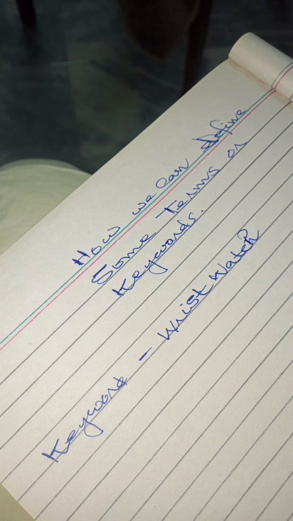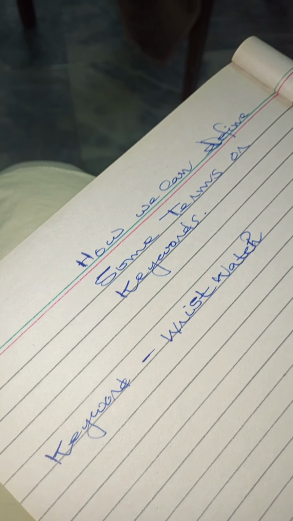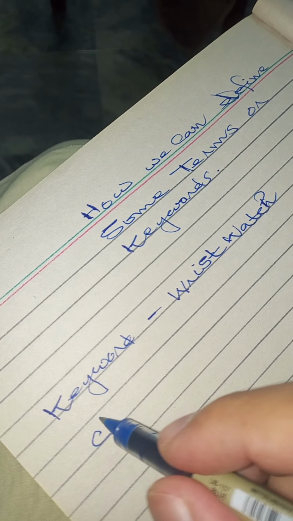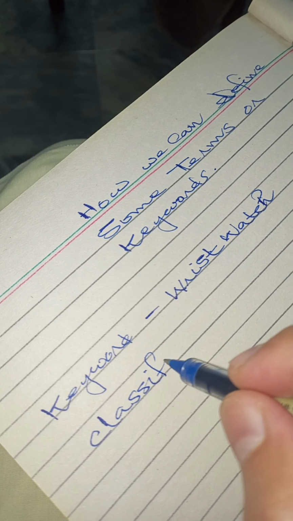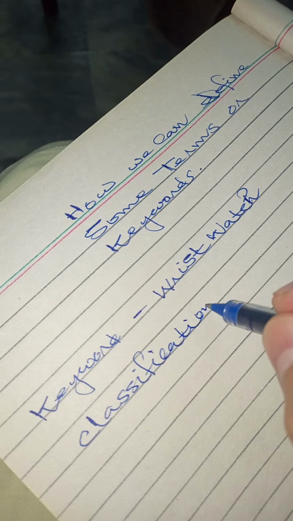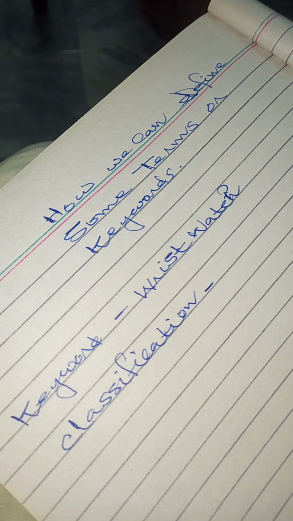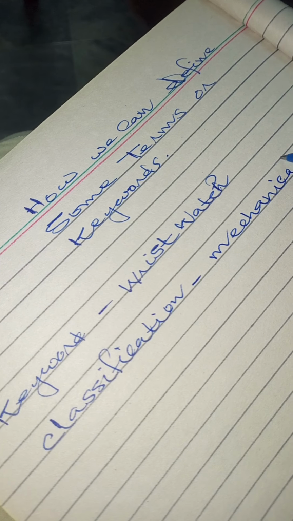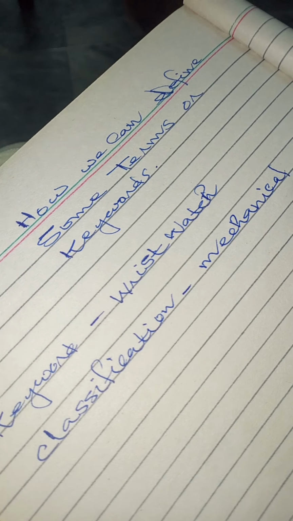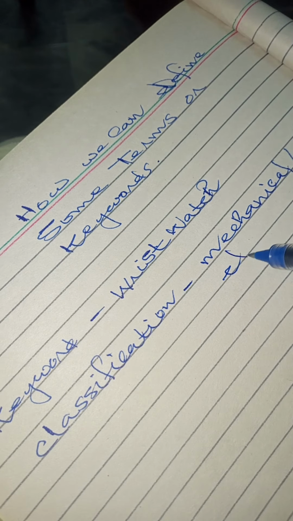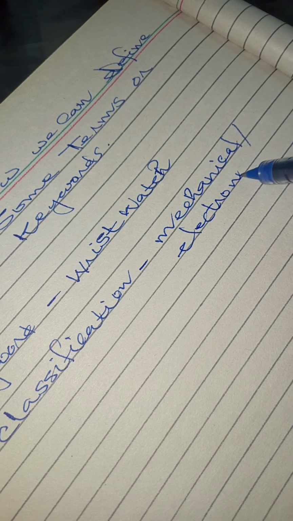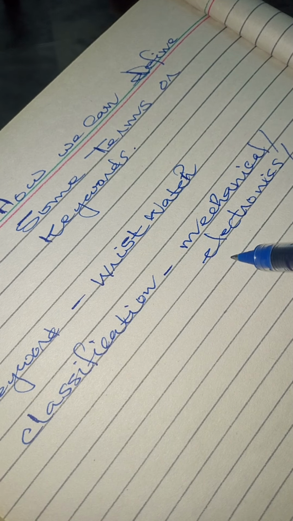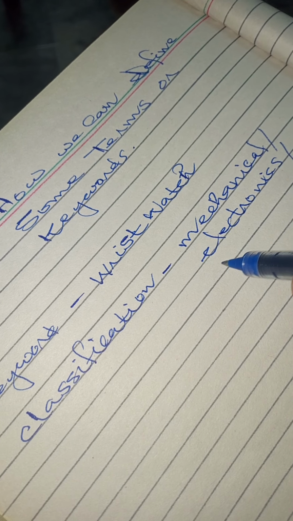First of all, there is a step. We have to look at its classification. What is its classification? Its classification is mechanical, or its classification is electronics, or it is a stationary item.